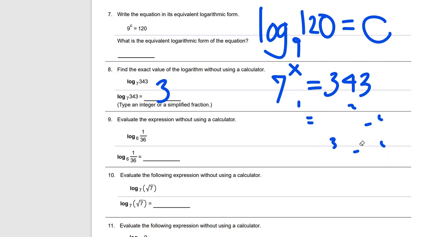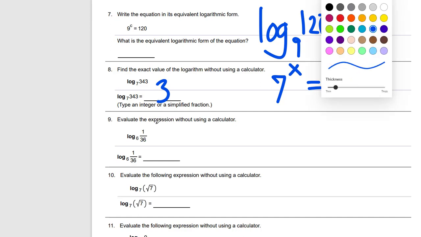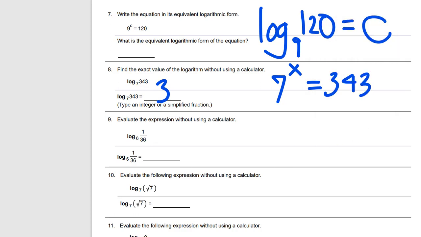Now, another thing to remember that you may have forgotten or just have never seen is, what can I do with this 1/36? I'm going to use my understanding of exponents to rewrite this. 1/36 is 1 over 6 squared.